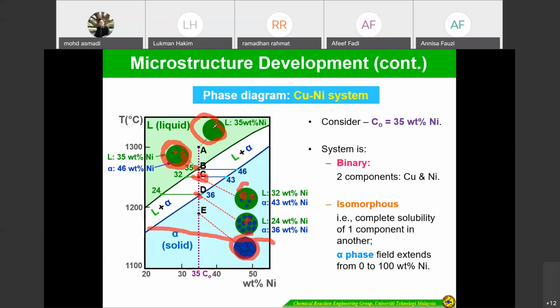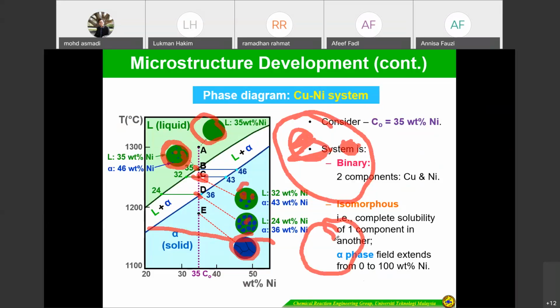You can differentiate if you use pencils, by shading the solid structure. If this is your round shape, just shade it, to differentiate between the liquid and the solid.